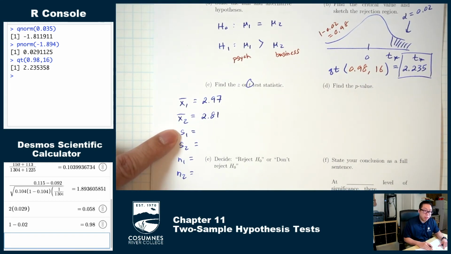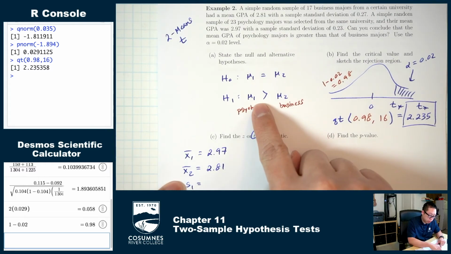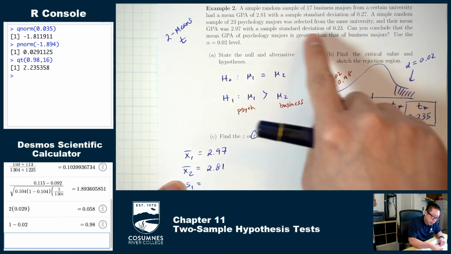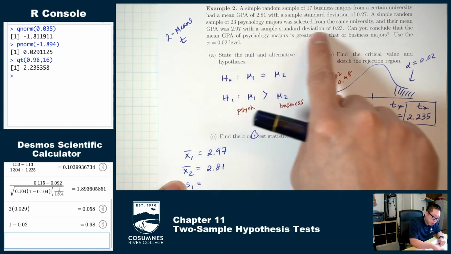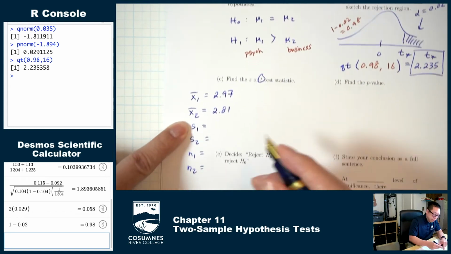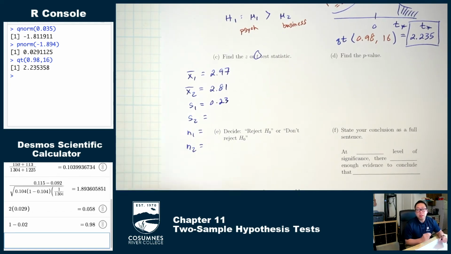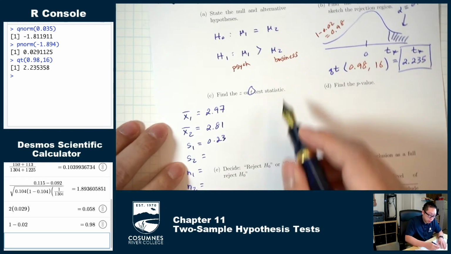S1, that's the standard deviation for my first group. So standard deviation for psychology majors is 0.23. S2, that's the standard deviation for my second group, which is the business majors.